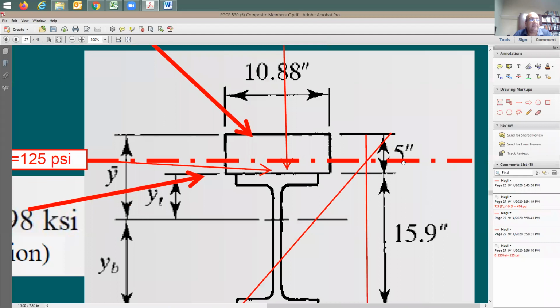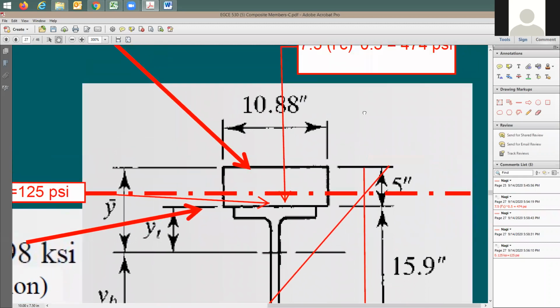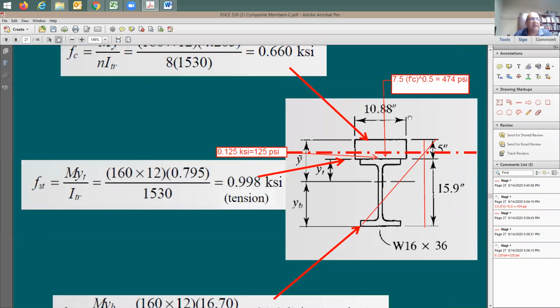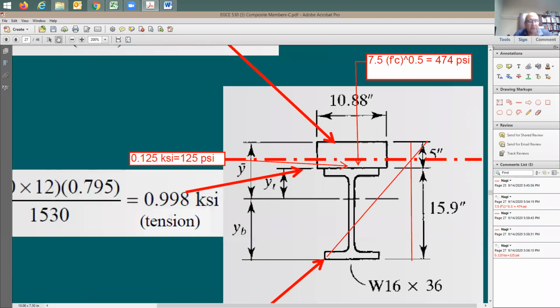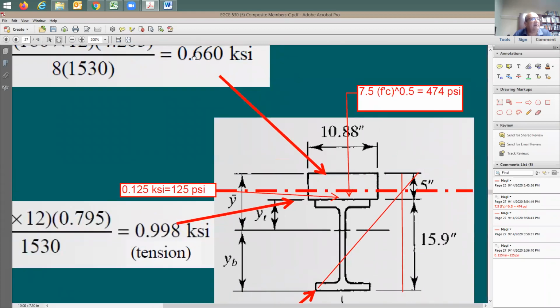Anything above this neutral axis is giving compression. And concrete is good in compression. It can take all the way up to the 4,000 psi. We have no problem with this. The stress on the top, as you see here, is going to be 0.66 psi. So this is less than 4 ksi. Then we should be good for this little triangle.